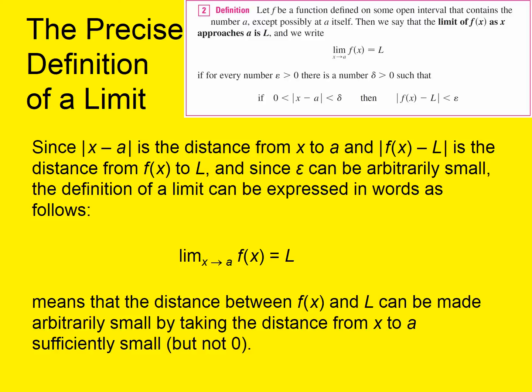This symbol, limit as x approaches a of f of x equals L, means that the distance between f of x and L can be made arbitrarily small by taking the distance from x to a sufficiently small, but not 0. And in the first problem that we did, we found that 0.05 was a number that was sufficiently small. If you get within that, then you're gold.